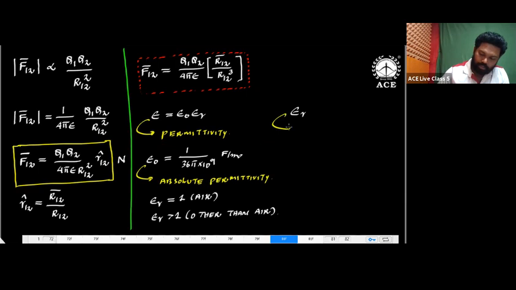This is a medium parameter, beta. I'll talk about this one later. Clear?